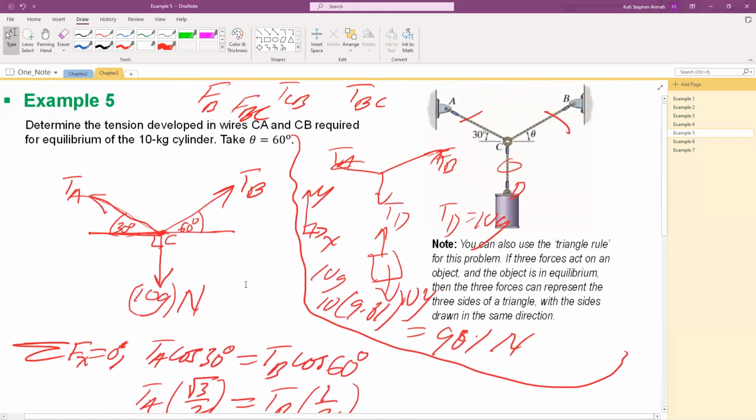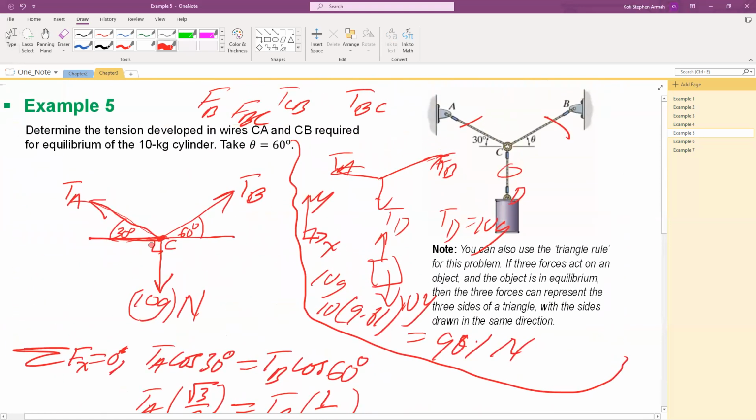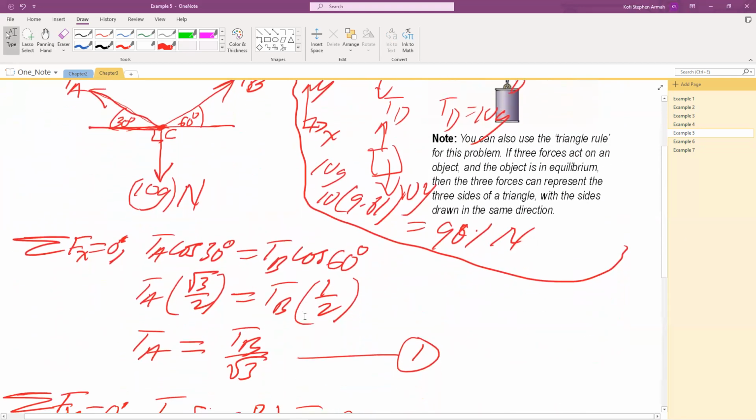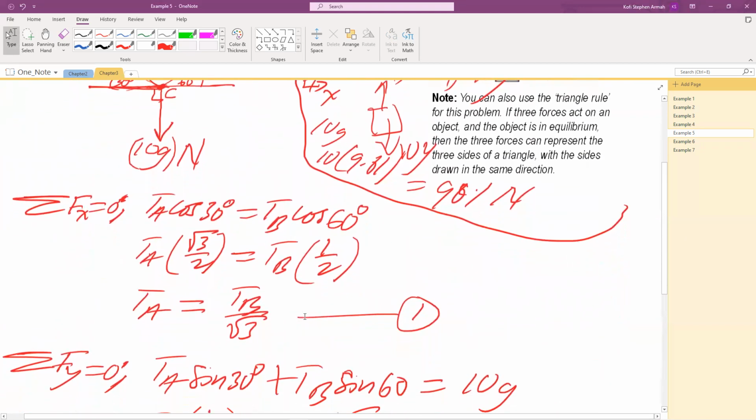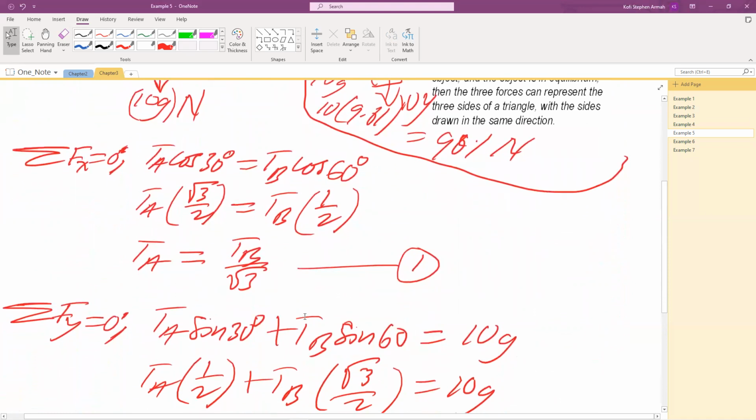Let me go back to that diagram and check. This was TA cosine 30, where cosine 30 is root 3 over 2 and cosine 60 is half. Okay, cool.